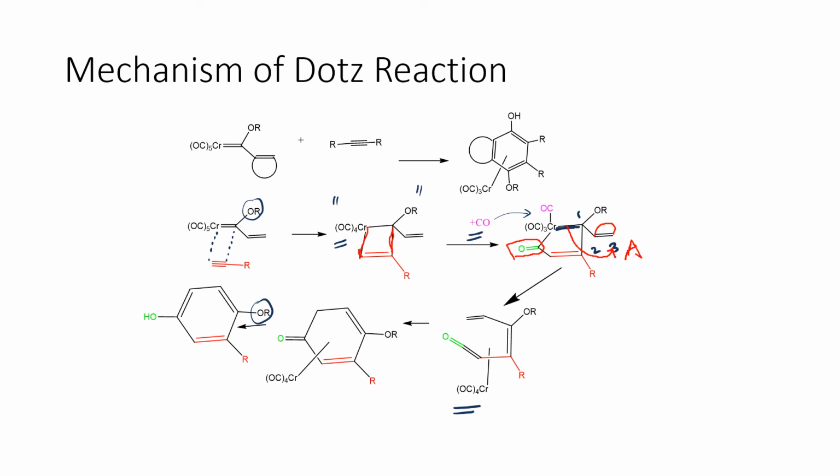Now, there are two steps that I have omitted. That is a reductive elimination and a 1,3 migration. So 1,3 migration plus a reductive elimination results in this product. Okay.